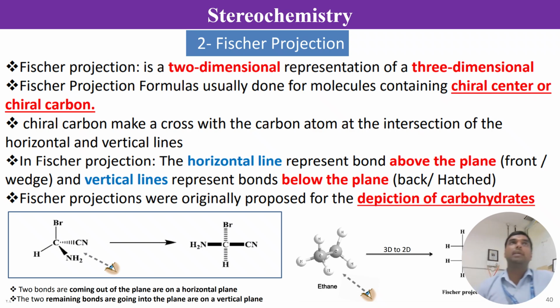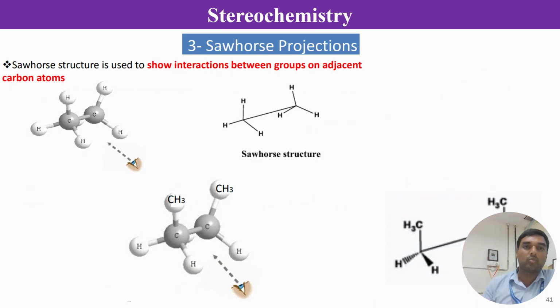It is highly applicable for carbohydrates. In this case, bromine and hydrogen are up and down on the vertical line, whereas the amine is on the left side and cyanide on the right side.